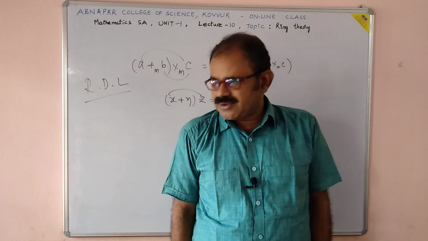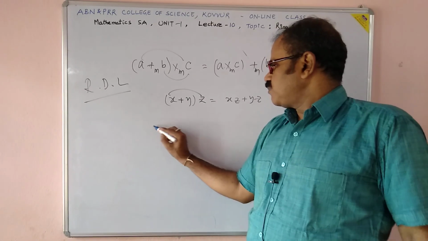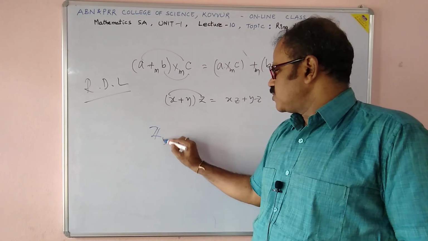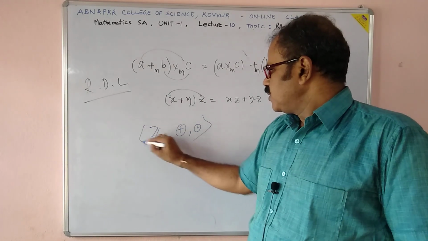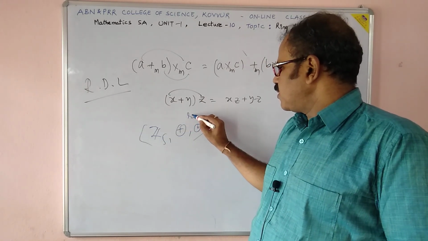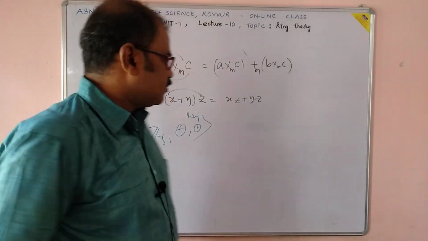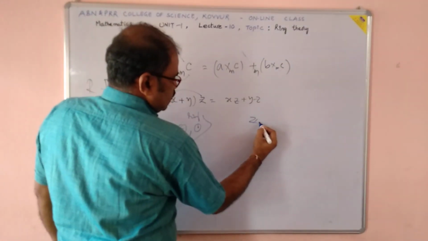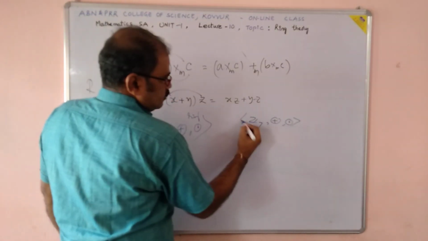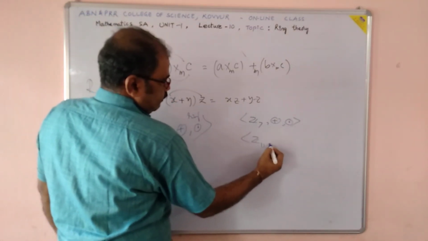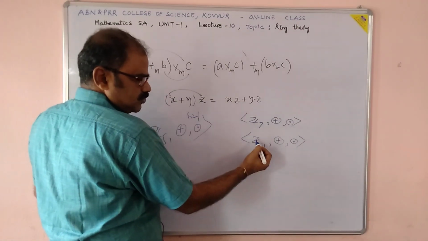So, in this particular example we have chosen Z5, addition modulo 5, multiplication modulo 5. This is clearly a ring of residue classes. We may choose 7, Z7, like this, Z11. This is a ring.